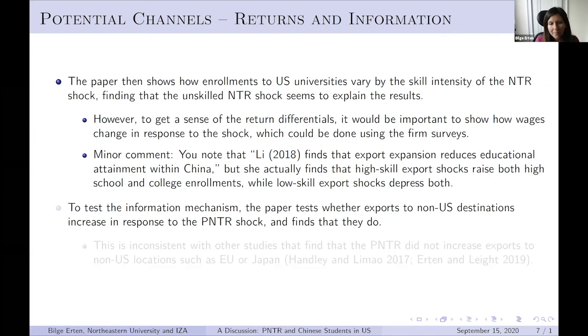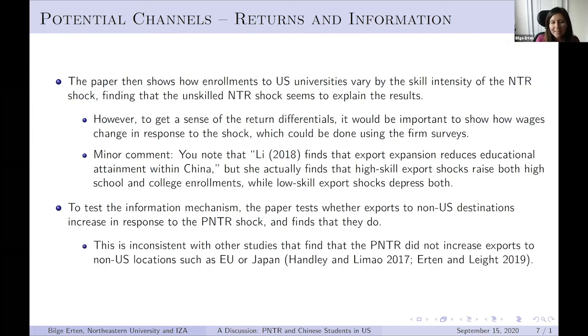In terms of the information mechanism, you show that the PNTR shock increases exports to non-US destinations as well. This appeared to me somewhat inconsistent with the previous evidence in the literature showing that exports to locations other than the US did not increase all that much, including the EU and Japan.